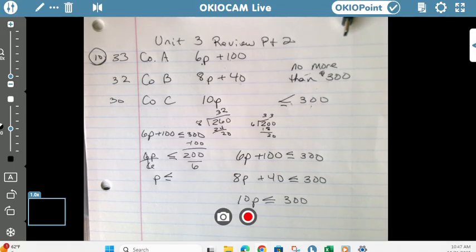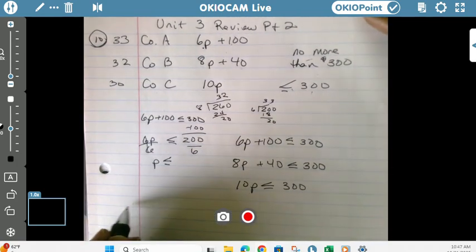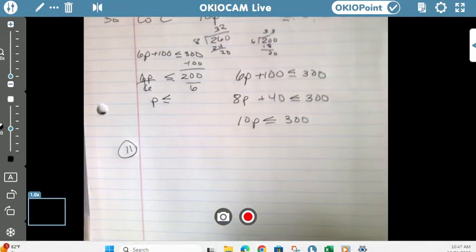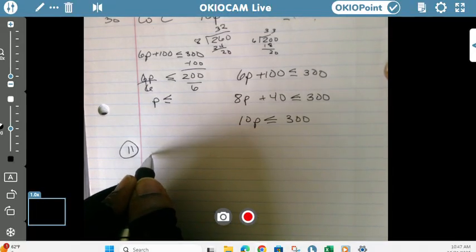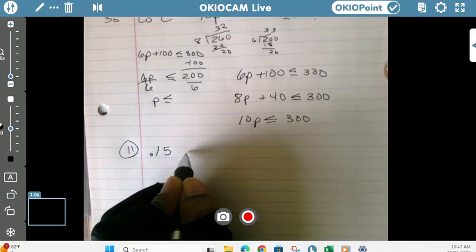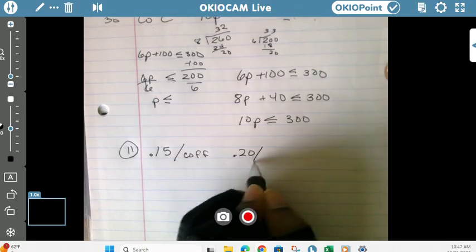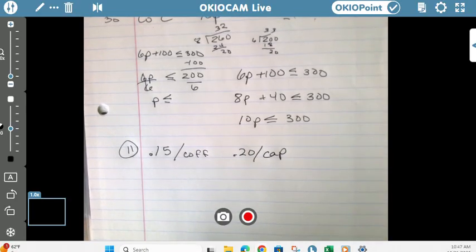We need to pull all the important information that we can from a situation that has a whole lot of words. Starbucks is selling coffee and cappuccinos. They are 15 cents and 20 cents. Let's call this number 11. It is 15 cents for coffee, 20 cents per cappuccino.